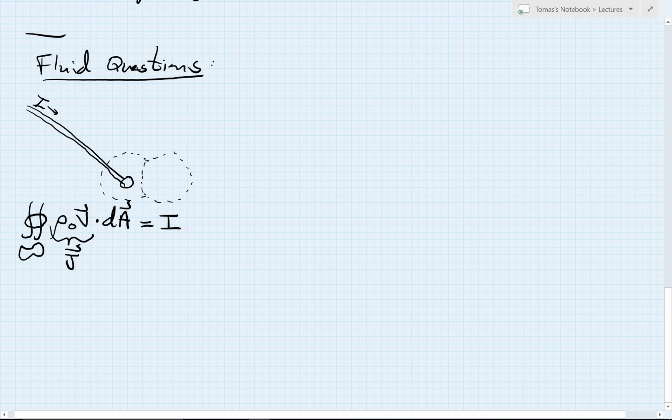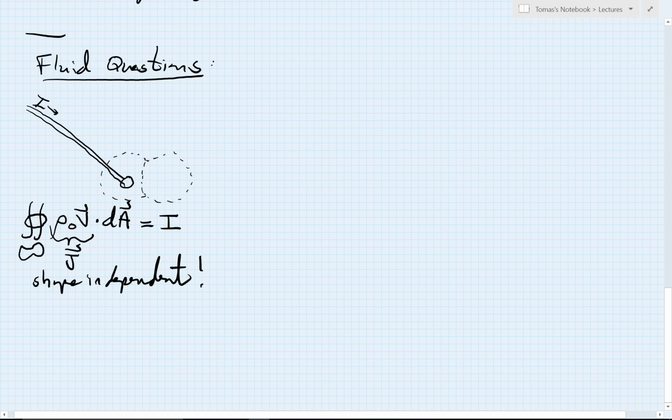The neat thing about this result is that it's the same I would have gotten if I had taken the sphere, but now I get it for some completely general shape. So the first thing I want to emphasize is that the result is shape independent. Well, that's kind of neat.